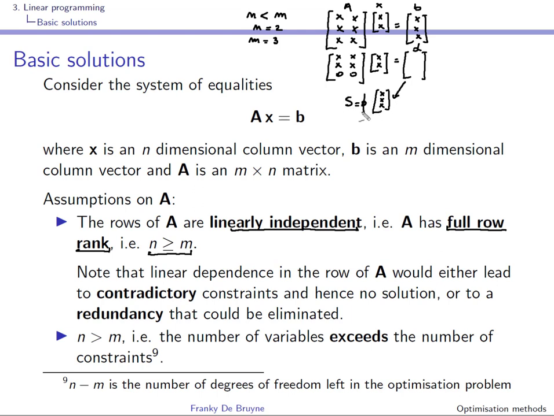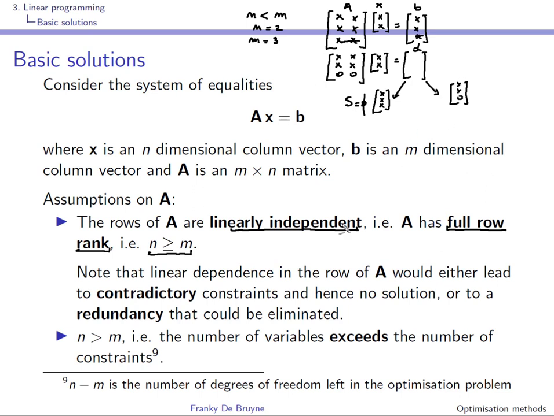And well, if this system of equations has no solution, then the minimization problem does not make any sense, right? The other case is that d could be transformed by elimination to something that is like this, okay? Then we have a solution, right? But it also means that we can eliminate one of the equations, okay?